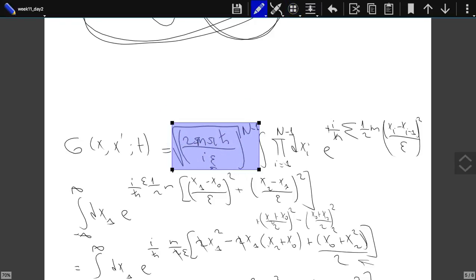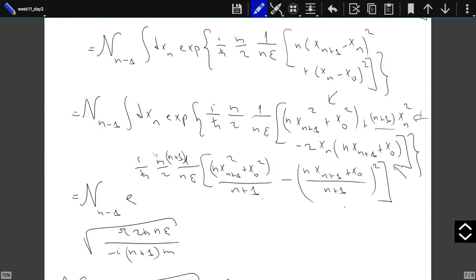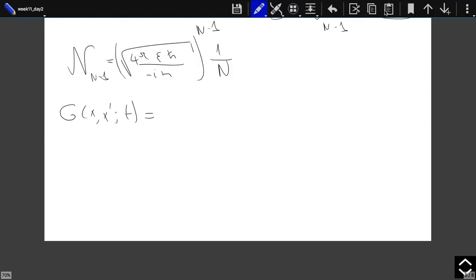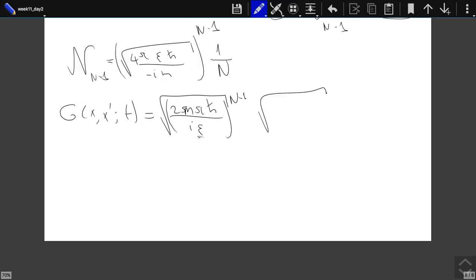I have this factor times square root of 4 pi epsilon h bar over minus i m to the power n minus 1, times 1 over n, times the exponent.